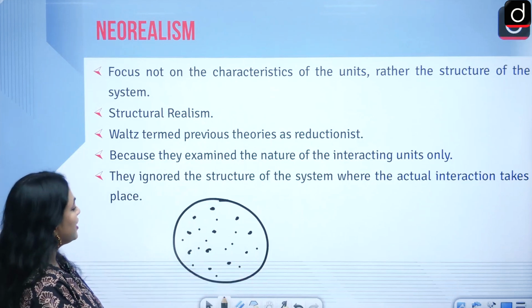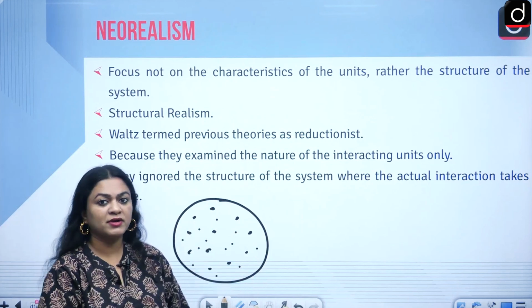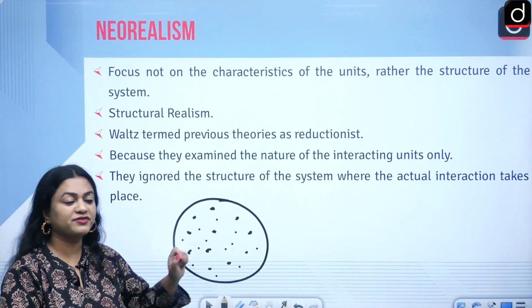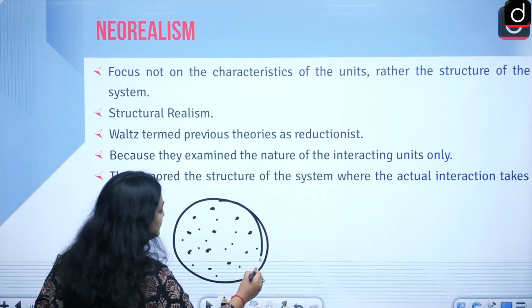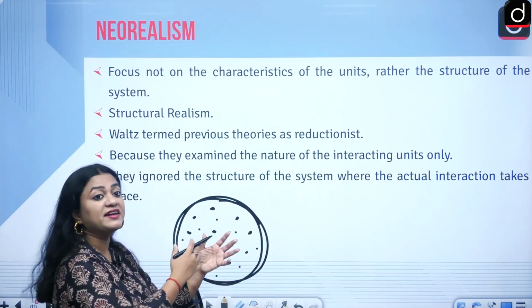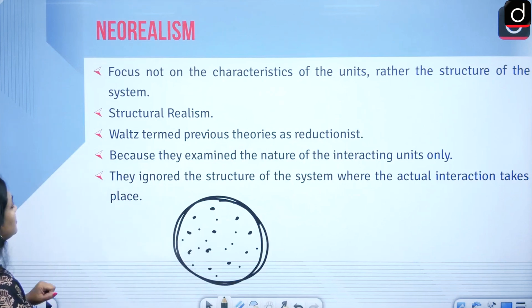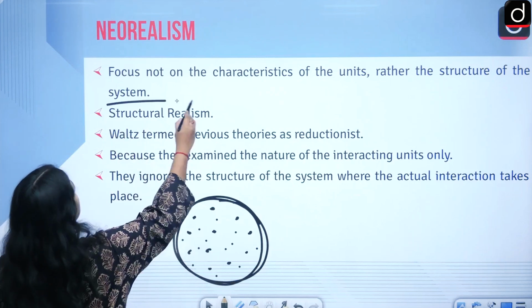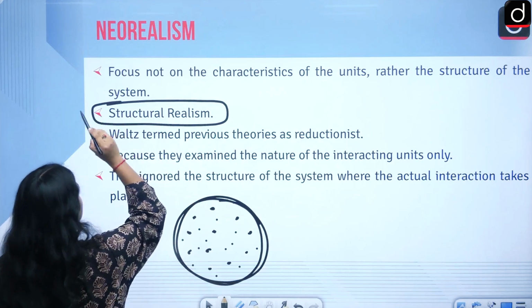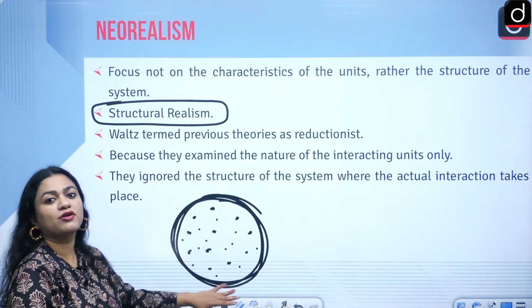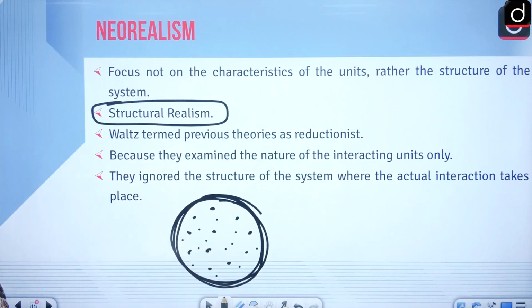According to neorealism, they are not looking at the behavior of these units or countries, but rather at the system in which they are interacting with each other. So this is also called structural realism. They are looking at the structure of the international system.